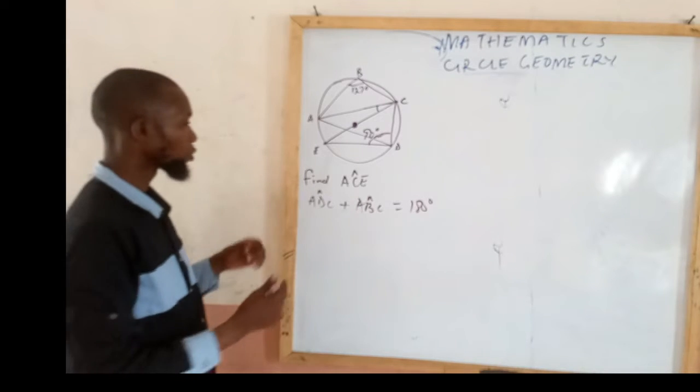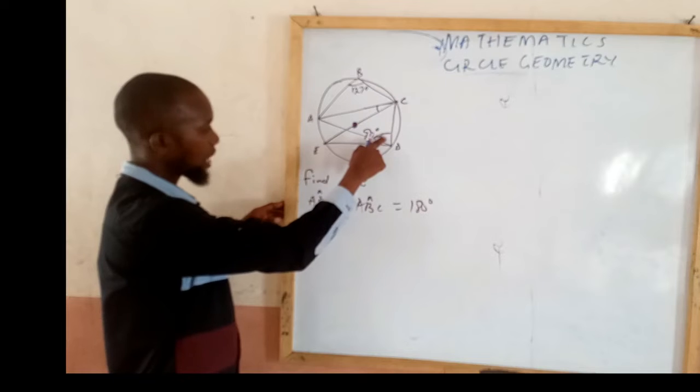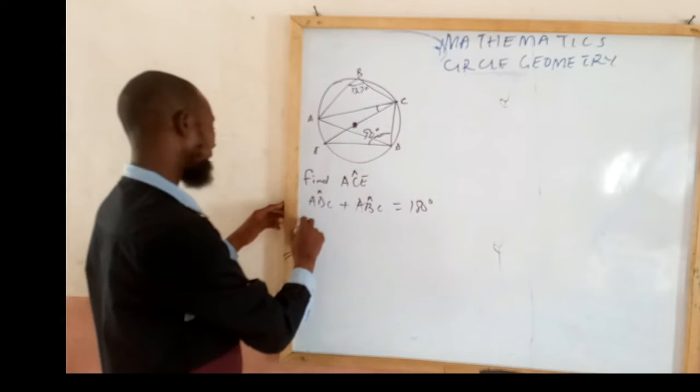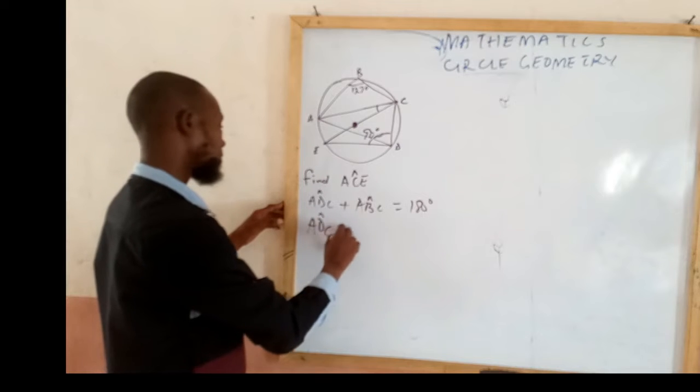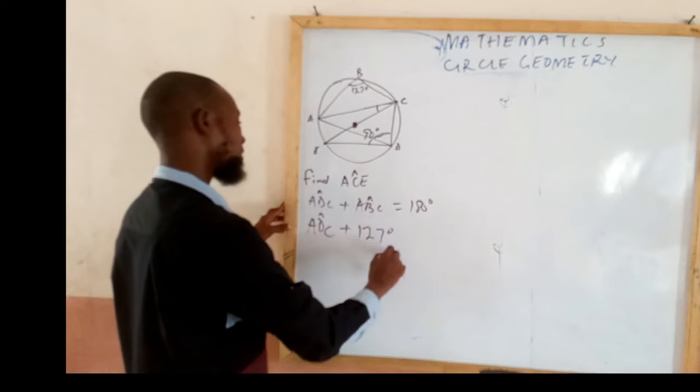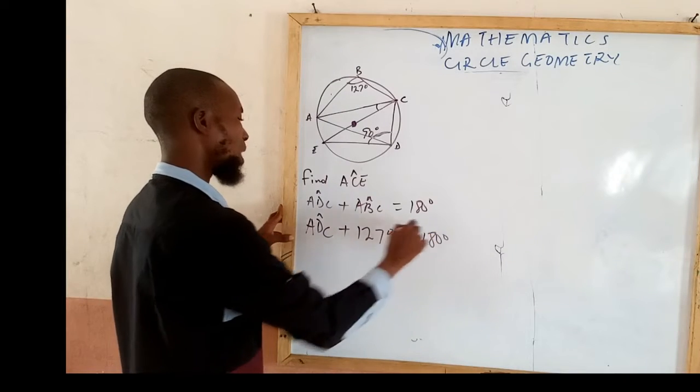To continue, remember we don't know angle D here, that is, we don't know angle ADC. So we write ADC plus ABC, and ABC is given as 127 degrees, equal to 180 degrees.